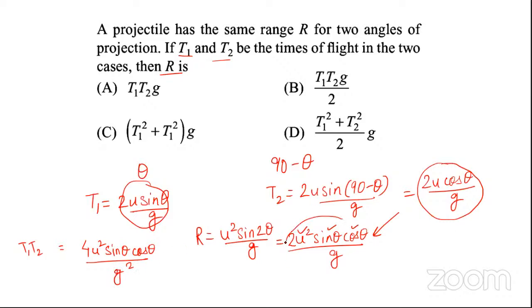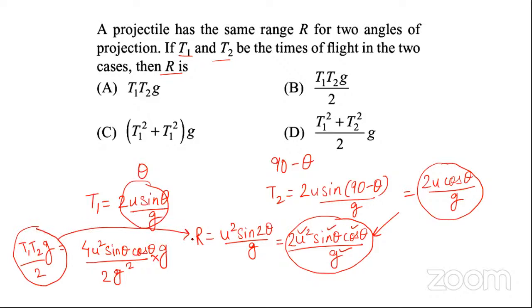But we want to make it this, so we divide by 2: T1 T2 by 2, and we have a single g over here. So we multiply it by g, and this becomes equal to R. So the answer will be B.